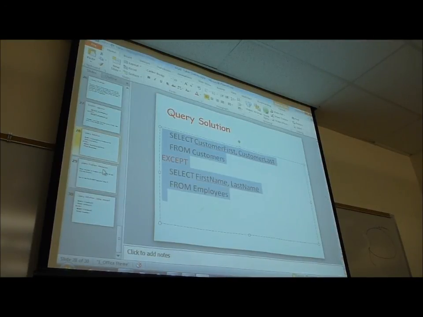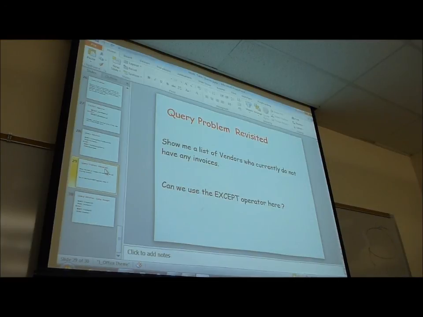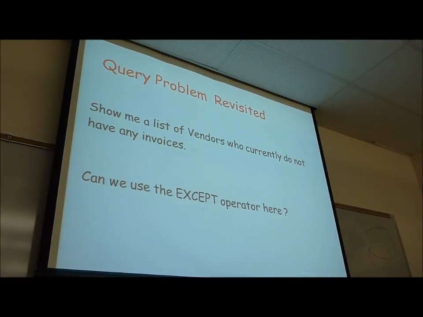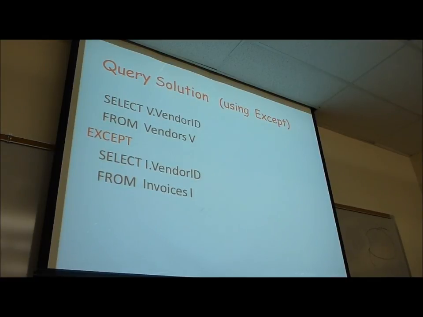I don't think that, what else have I got? Revisit the problem. In other words, this is just a review now. Going back to the vendors who don't have invoices, you could do that, couldn't you?